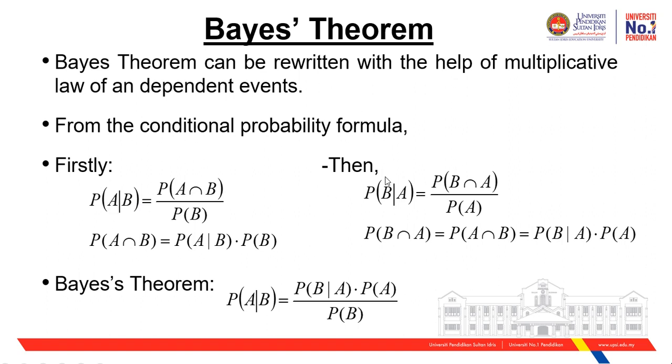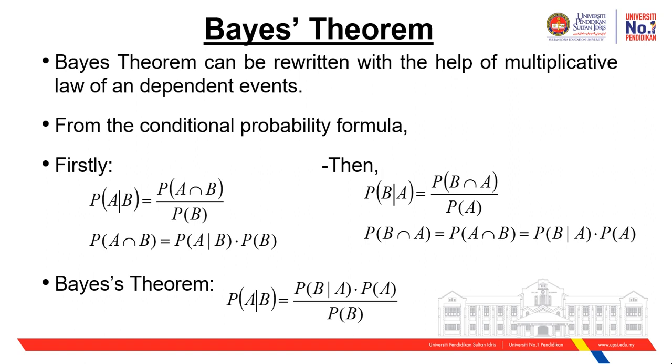Then, this is the first case if you want to find P(A|B). How about P(B|A)? If you want to find P(B|A), similar concept using conditional probability, you just use P(B|A) equal to P(B∩A) divided by P(A). If you can see here, the numerator for P(A|B) and P(B|A) is actually exactly the same, or vice versa.